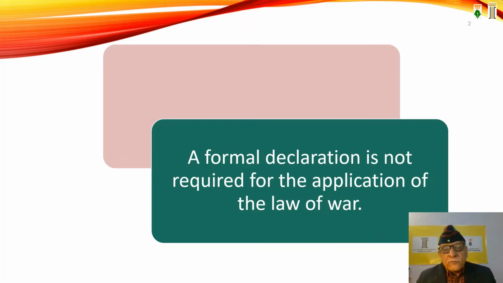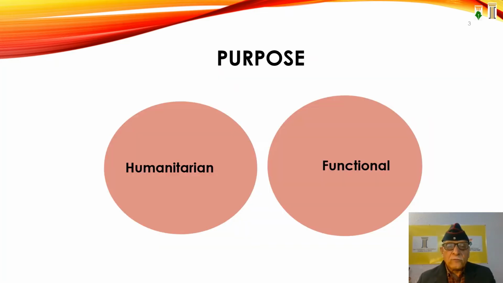Countries usually hesitate or do not prefer to declare that they are at war, although they may be engaging the other by various means, the weapons available with them, yet they do not make a formal declaration of war. That is why IHL is also called the law of armed conflict, in short LOAC.